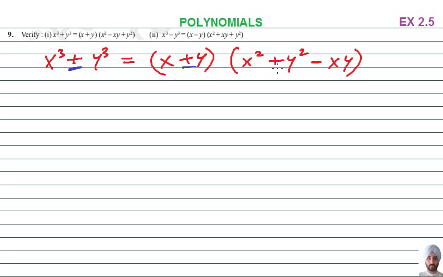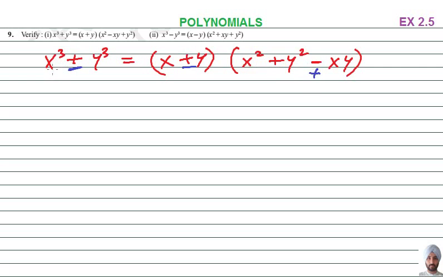In fact, except in x square minus y square, you didn't have any negative sign in any identity with squares. So squares are always positive. Okay, except in x square minus y square. So this is positive, will stay positive, but this will become positive.